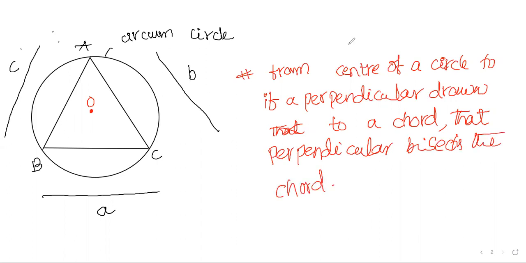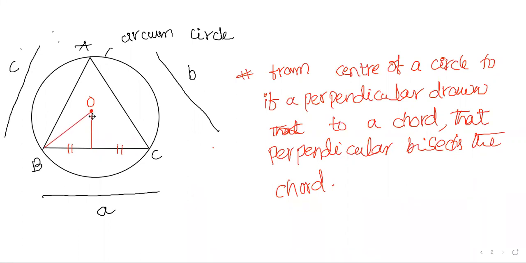So this is the center of the circle, O, and if you draw a perpendicular like this, this perpendicular bisects the side BC into two equal halves.